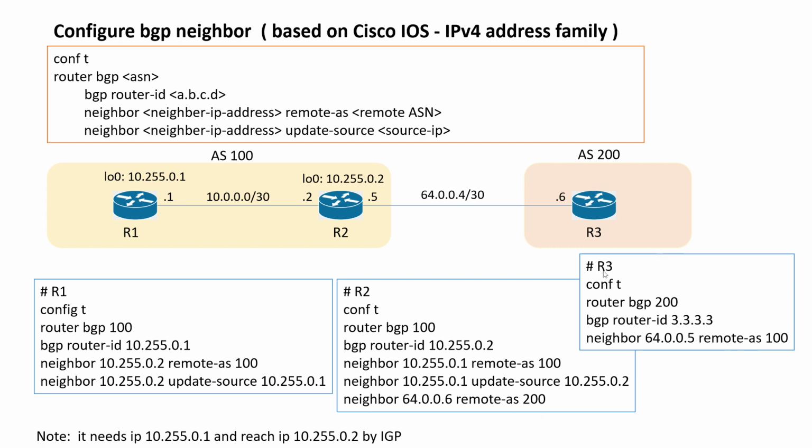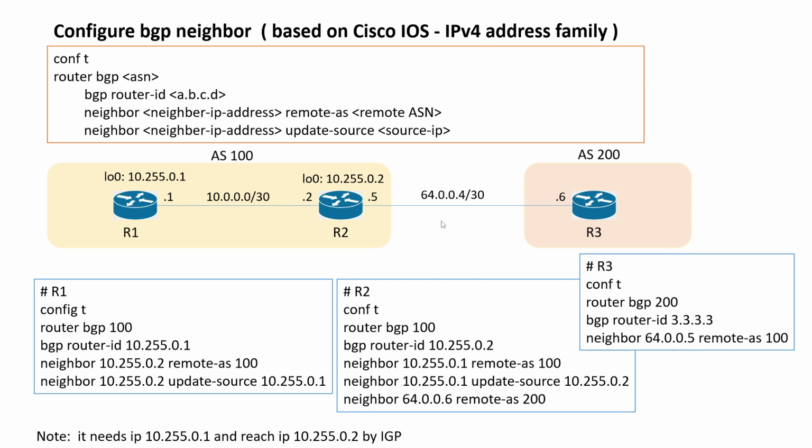You go to R3, you type router bgp, its own AS number, 200 here. Then you can type the BGP router ID. Here I can use 3.3.3.3. Then the next is the neighbor 64.0.0.5.